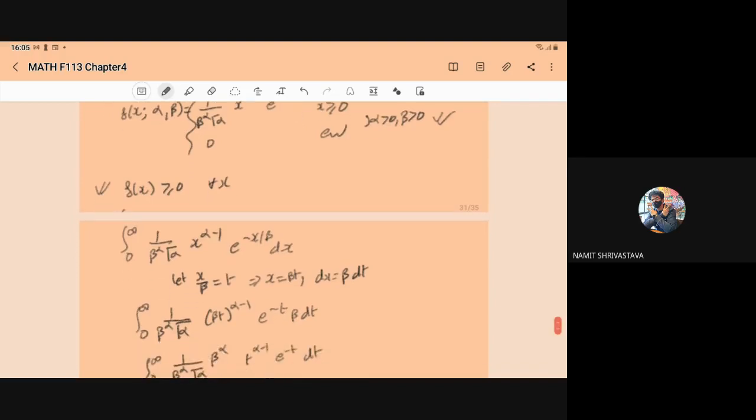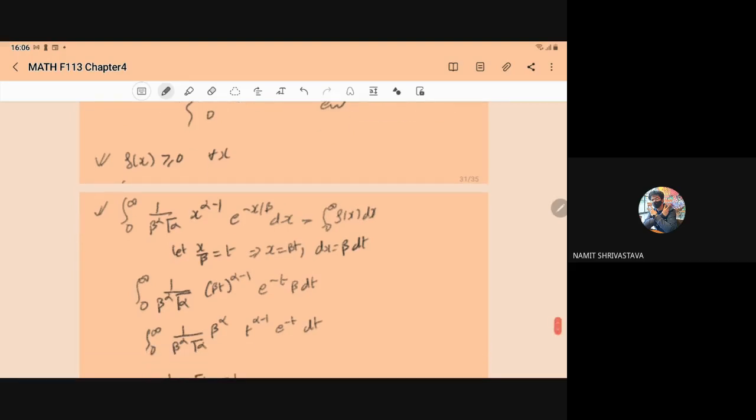For that, we take the integration from 0 to infinity of 1 upon beta to power alpha gamma of alpha, x to power alpha minus 1, e to power minus x upon beta, dx. That means we are doing the integral from 0 to infinity of f(x) dx.